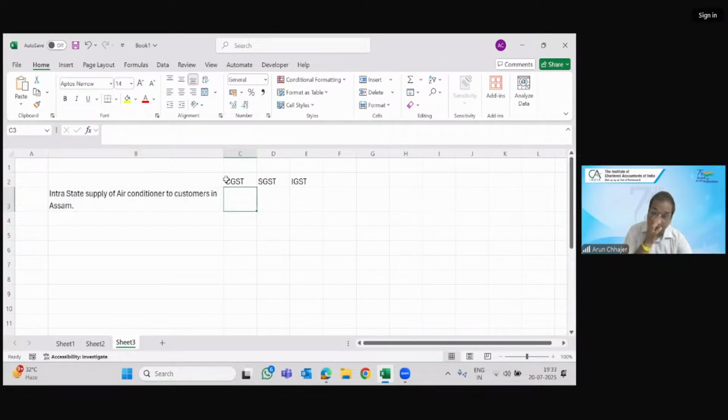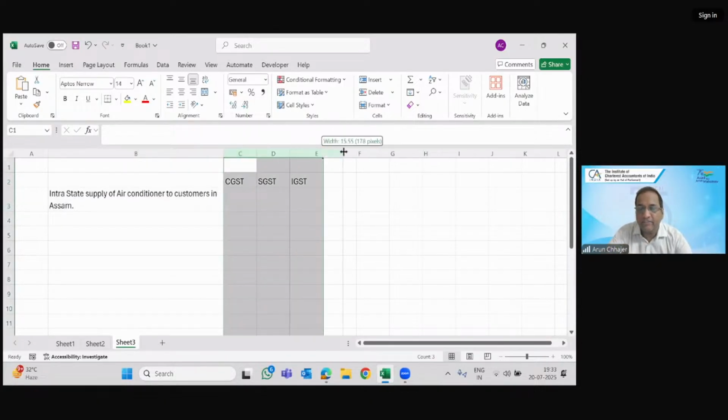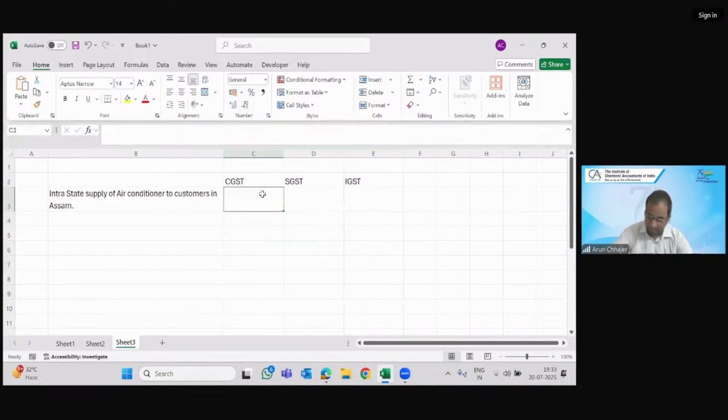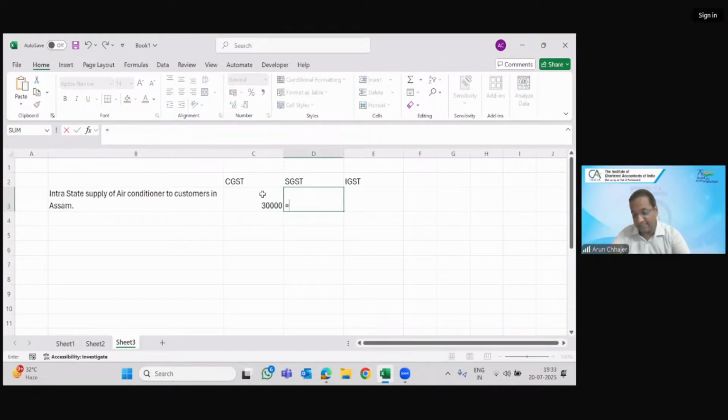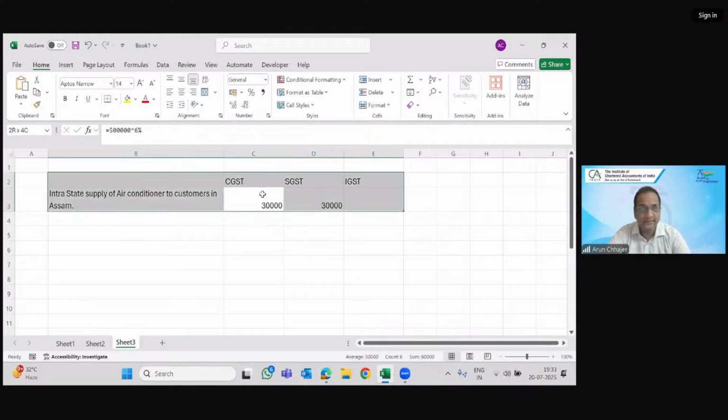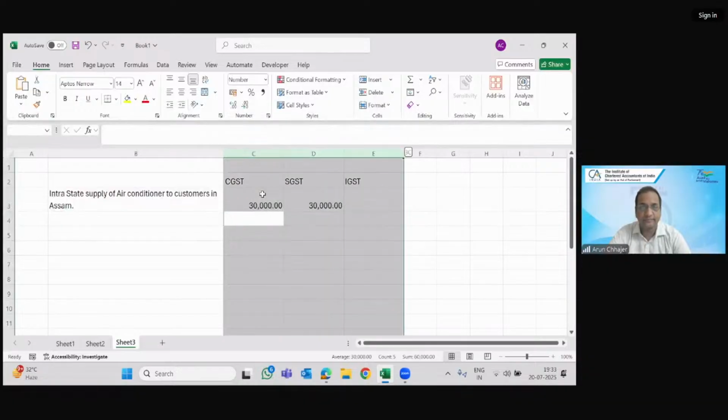And the rate of tax applicable will be the one applied on the principal value. So can I say 5 lakh is the value, and 6% CGST and 6% SGST. Fine.